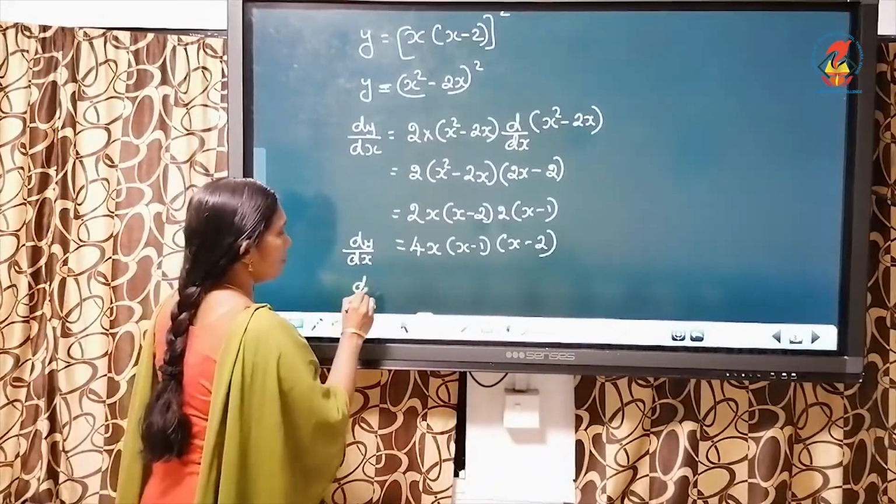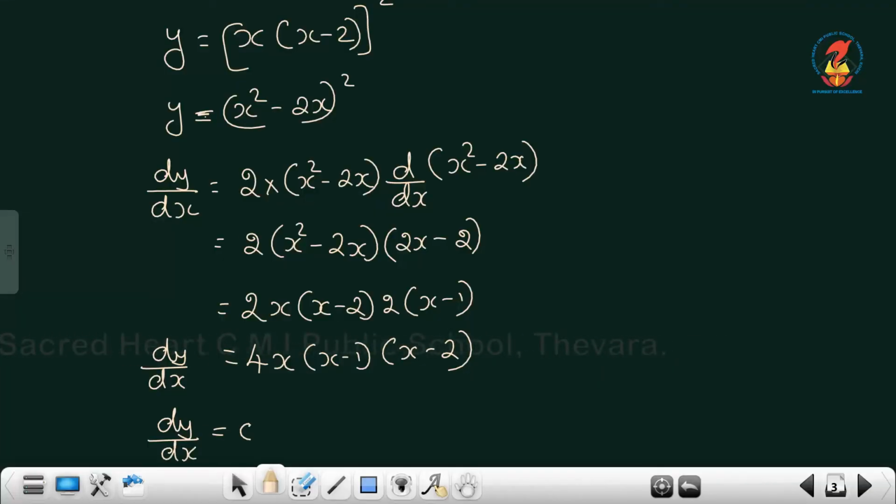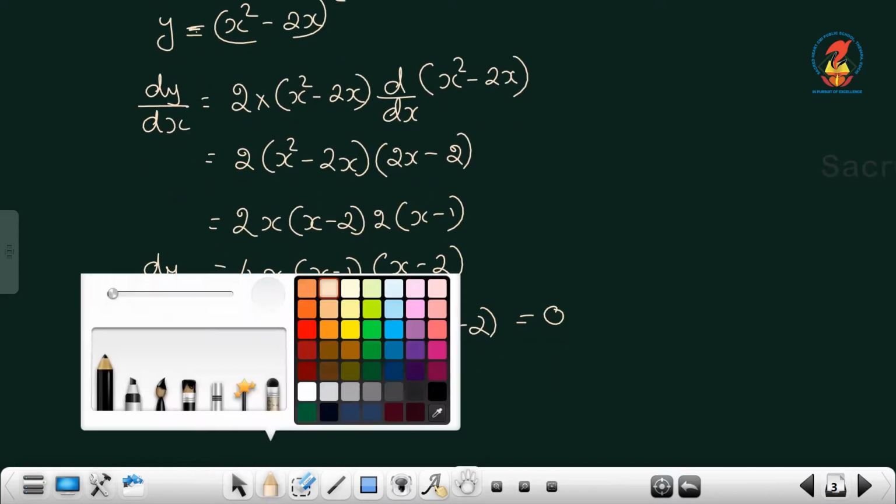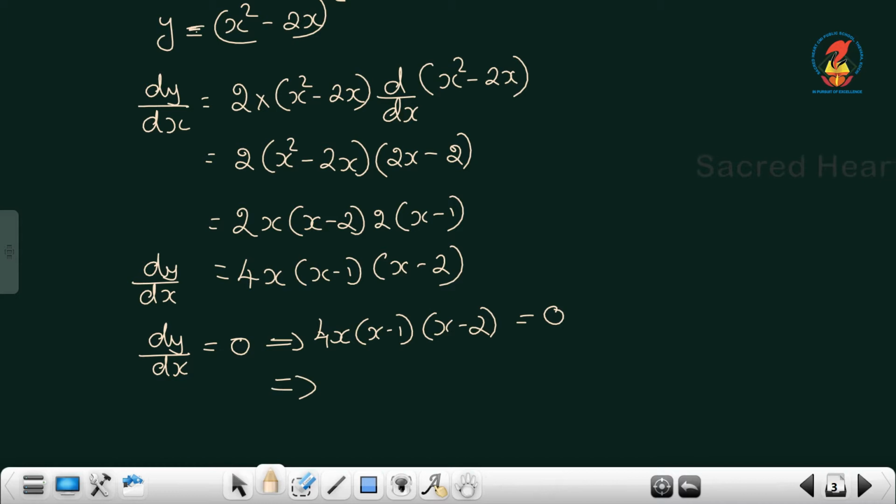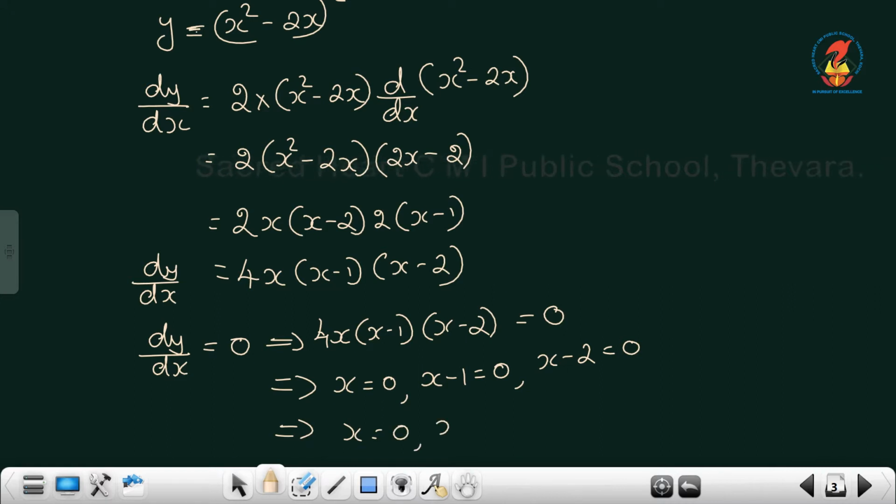So here also we have to find the value of x, so put dy by dx equal to 0, which implies each factor equal to 0. 4 is a number that is not 0, so x can be 0, or x minus 1 can be 0, or x minus 2 can be 0. Which implies x is 0, x is 1 and x is 2.